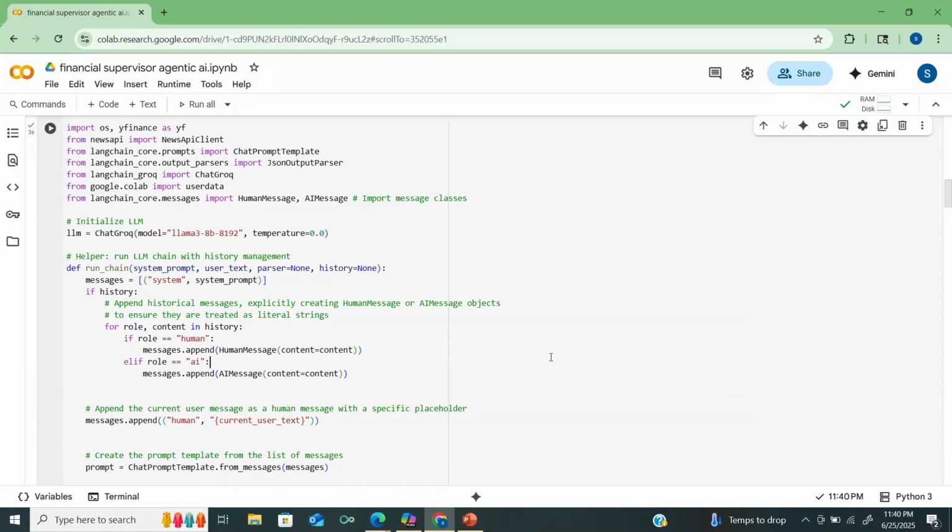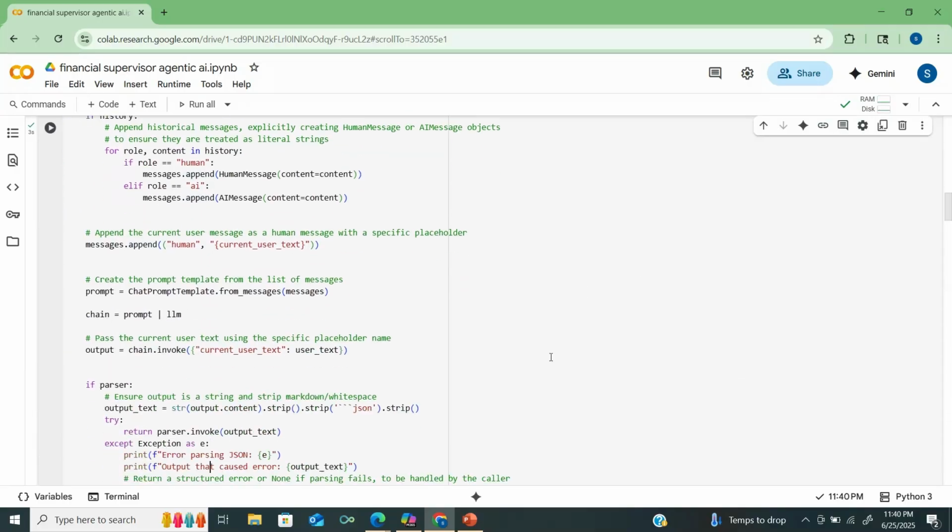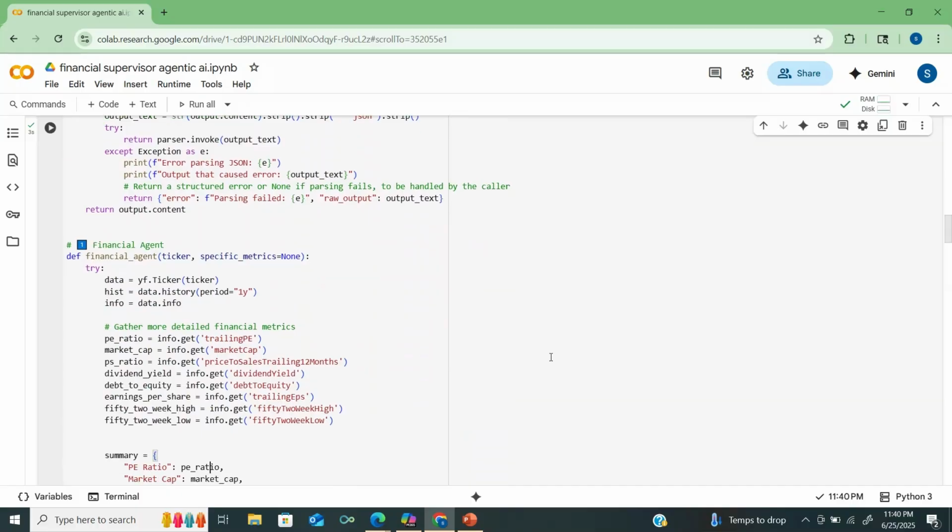So now let's go to the code. See here, in the financial agent, it's retrieving all the financial metric data like P/E ratio, market cap, PS ratio, dividend yield, debt to equity, earnings per share, etc. It will not make any analysis. It just retrieves the data for a period of 1 year.